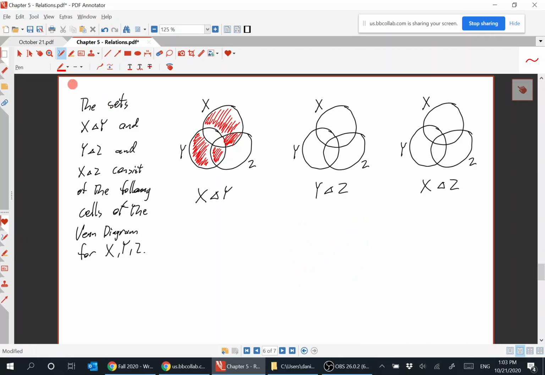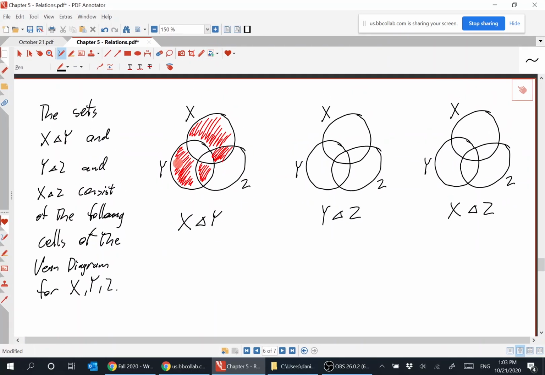Okay, and let's give some numbers here. All right, so we'll say that this is A1, A2, A3, A4, just for the number of elements in each cell. Here, Y symmetric difference Z is this cell, this cell, this cell, and this cell.